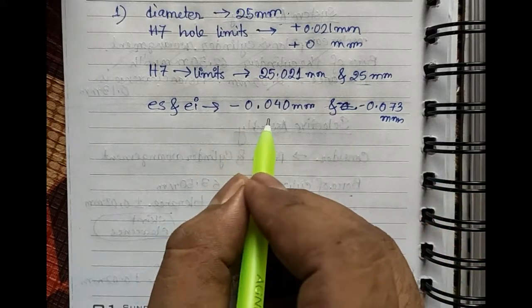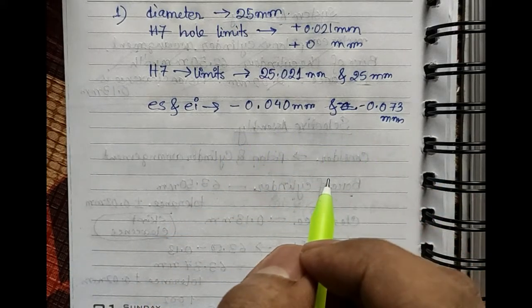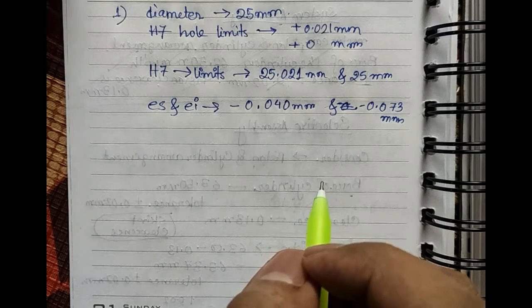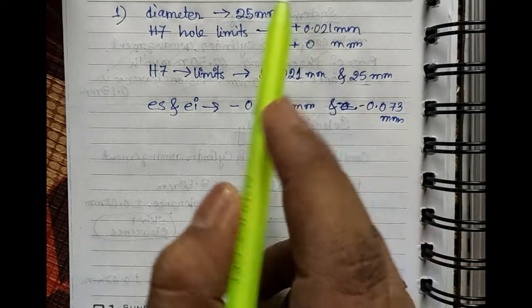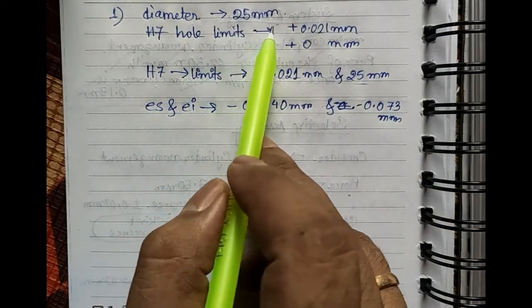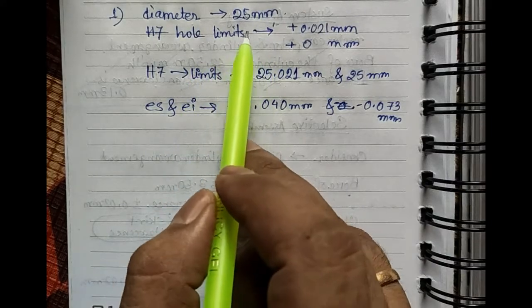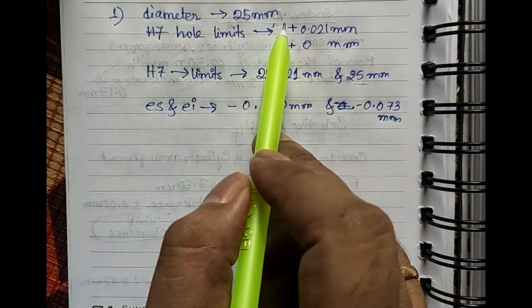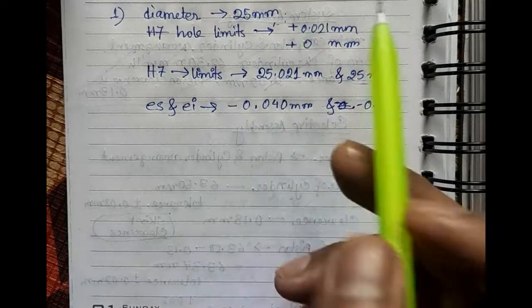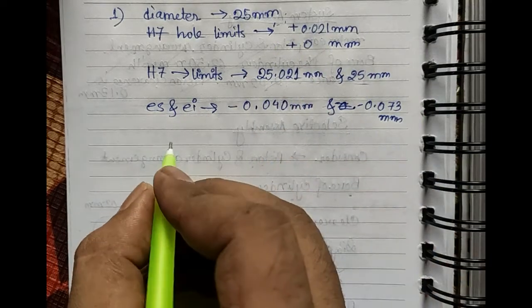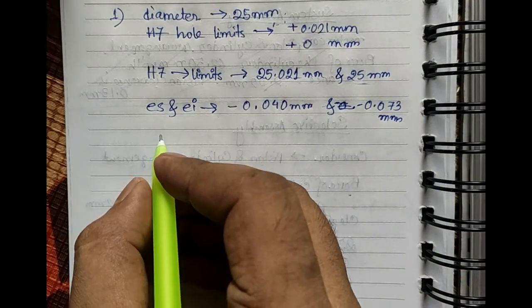Both upper deviation and lower deviation are given. Since the nominal diameter is 25 mm, for the hole we take the nominal diameter 25 mm, and for the shaft we take the same nominal diameter for calculation.